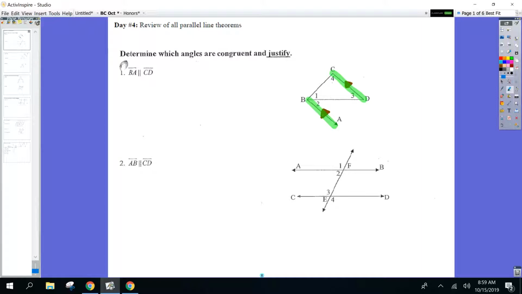I'll give you guys a second to take a look before I ask somebody what two angles are now congruent up here. Again, the two angles you give me should be formed by those parallel lines. I'm already eliminating a couple of them because they're not formed by those two parallel lines.